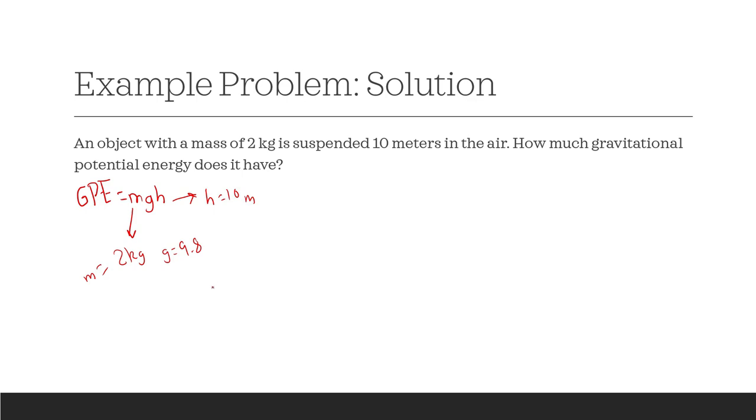So all we have to do is 2 kilograms times 9.8 meters per second squared times 10 meters. And that will give us a total of, when we plug that into a calculator, 196. And since it's energy, and we just said energy is always measured in joules, this is our final answer.